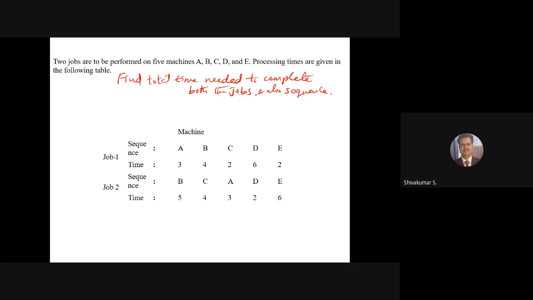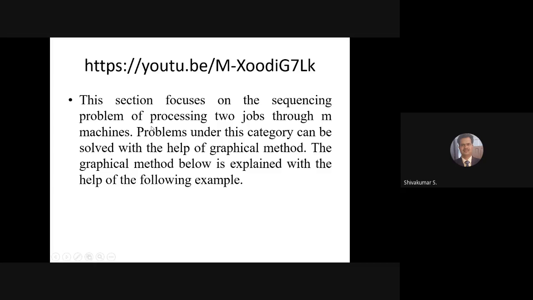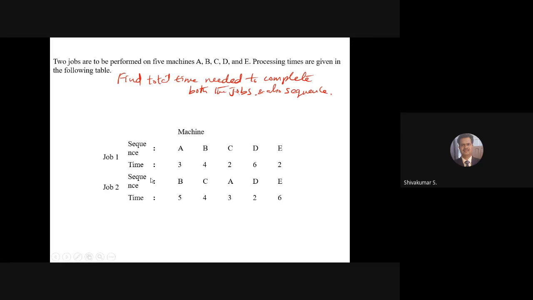So take job one. You have sequence A, B, C, D, E. Time given 3, 4, 2, 6, 2. Job two. Sequence given, that is B, C, A, D, E. Processing time given in hours 5, 4, 3, 2, 6.